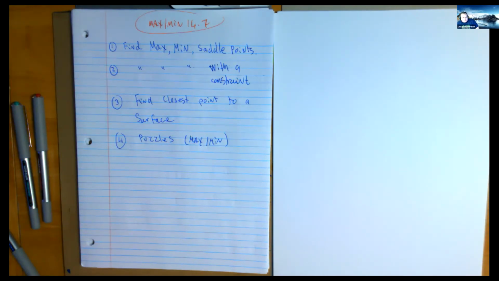And then the last group of questions, which I don't think we'll get to today, to be honest, but if we ever do, that'd be great, is going to be the puzzle questions, where you're given a puzzle and you're asked to maximize or minimize the surface area or the volume of boxes. Can you remember when did we do that? We did it in 141.